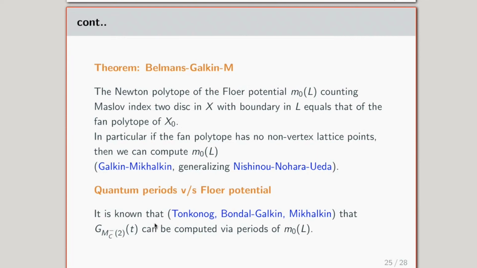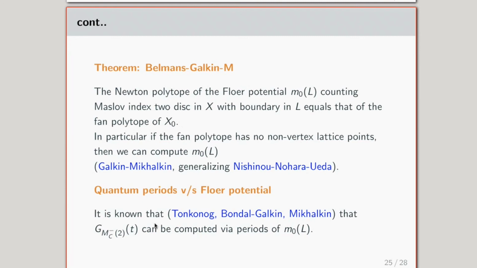So in particular, if you know that your toric variety has nice singularities, so that the Fan polytope has only vertices as lattice points and no non-vertex lattice points, then the Newton polynomial is actually the Floer potential of this monotone Lagrangian. Now there are theorems of Tonkonog, Bondal, and Galkin and Mikhalkin independently, which prove that this Floer potential actually computes the descendant Gromov-Witten invariants.